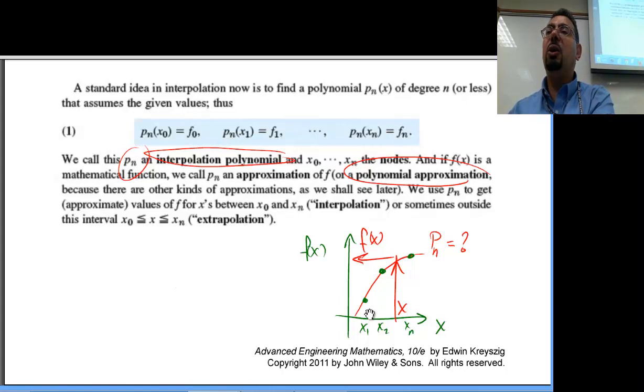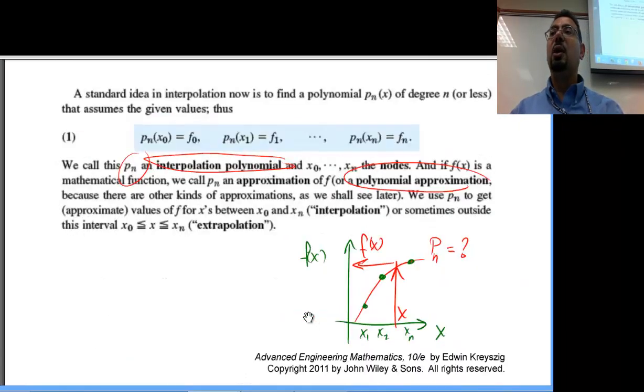It's basically, you have a table with values, and you would like to know what the function is in the middle between those values, just because the table is not fine enough.